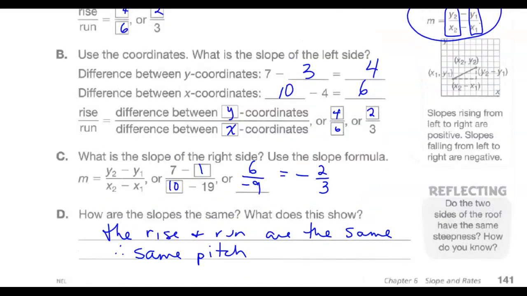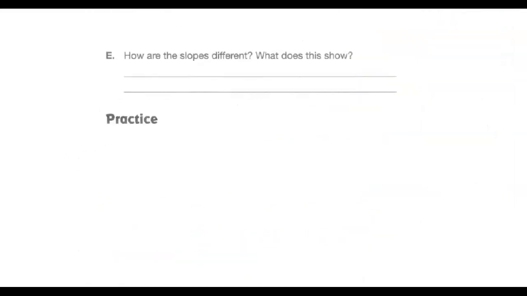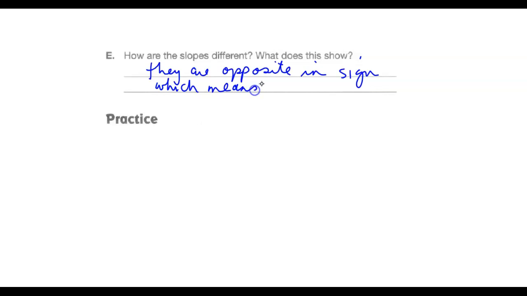And so on the next page here, it says, how are the slopes different? Opposite, they are opposite in sign, which means they meet and go in opposite directions.